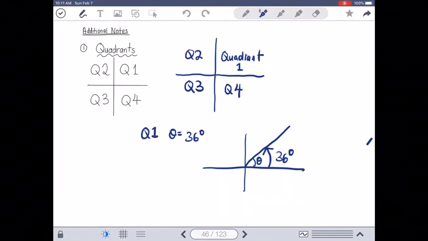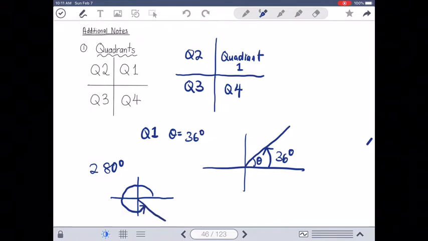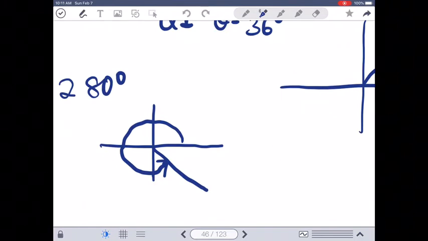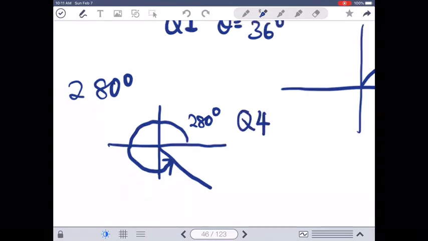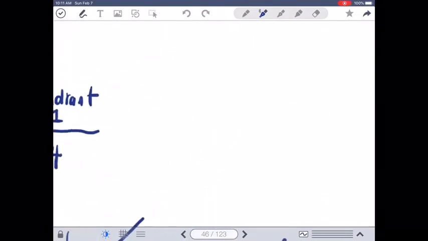How about maybe 280 degrees? If you draw 90 degrees, 180 degrees, 270 degrees, 280 degrees, so maybe here. So 280 degrees is in quadrant 4.